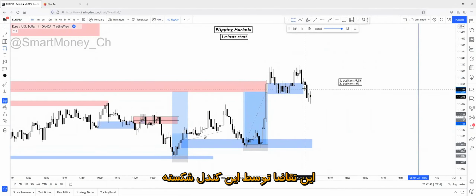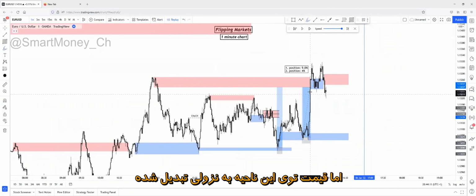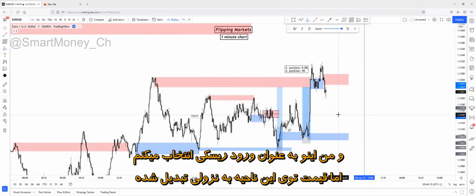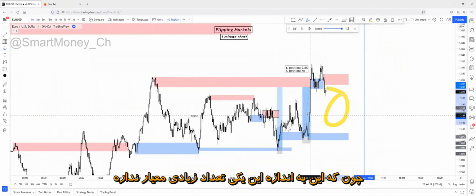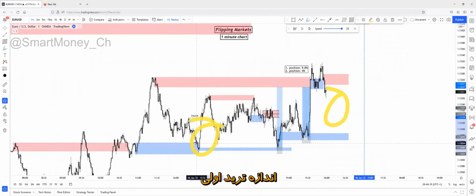But in this scenario, price broke above this supply zone, broke above this extreme supply zone, and created this demand zone. But we are missing some criteria. The higher time frame is bullish, but price just changed into bearish in this region. And I would consider this entry a risk entry because it doesn't have as much criteria as the first entry. Okay.